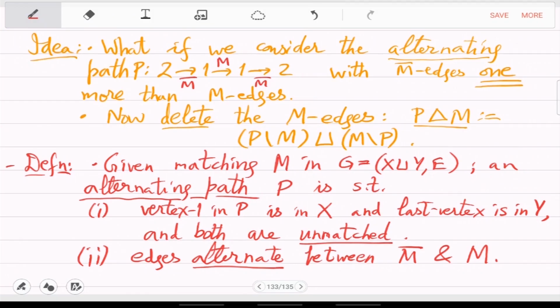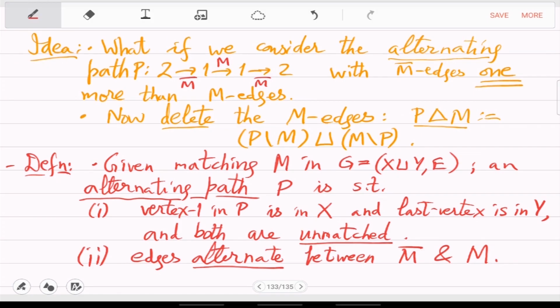Any questions? Yeah, because we have assumed the first property is that both of them are unmatched, so there is no M possibility. If there was an M possibility, then we would not call the vertex unmatched, we would call it matched.